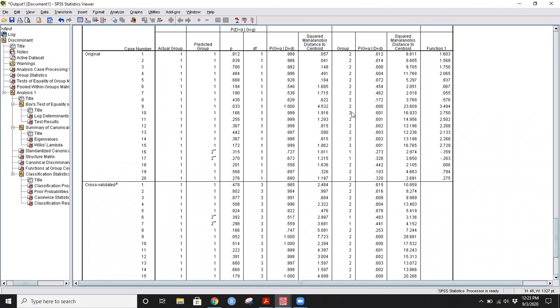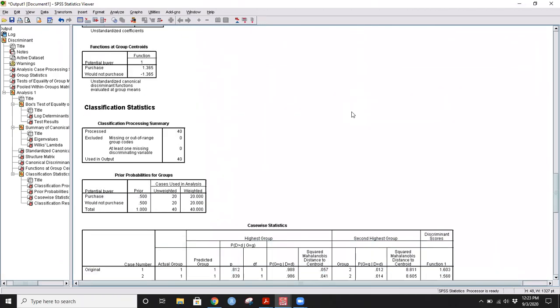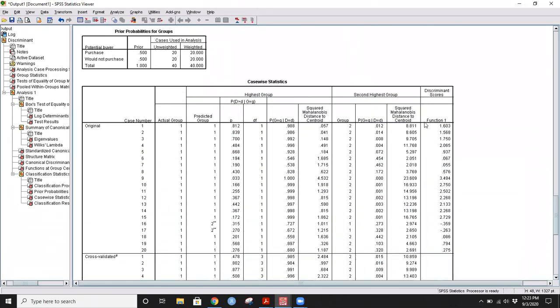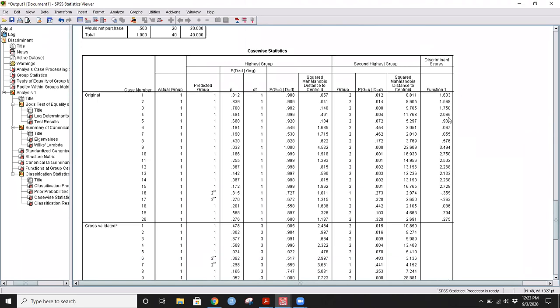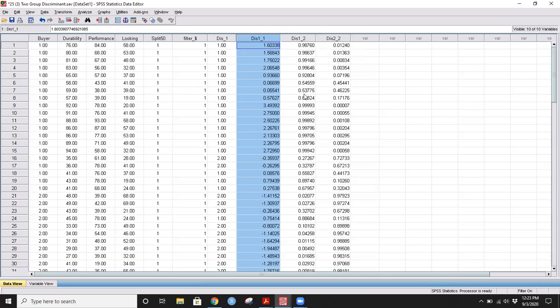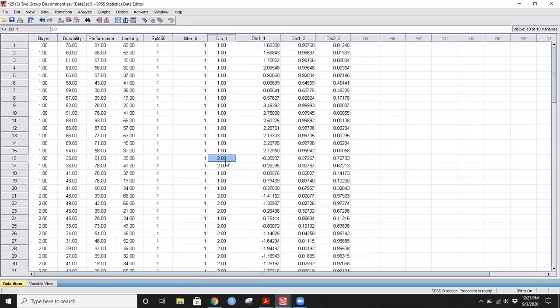So these particular discriminant scores, which I asked SPSS to display for 20 people, have been displayed for all of my selection. Okay, so these are the discriminant scores, and we know the score above 0 should be classified as group 1. The score less than 0 should be classified as group 2, as we can see here also. So this is less than 0, this is group 2, this is greater than 0, this is group 1.